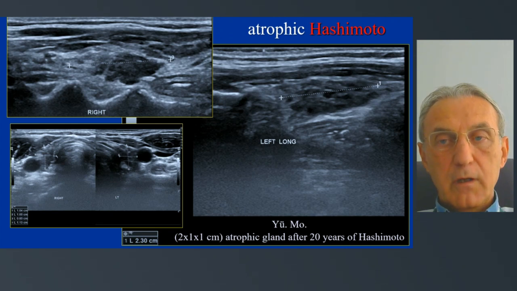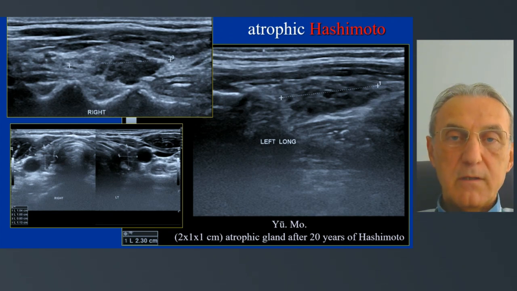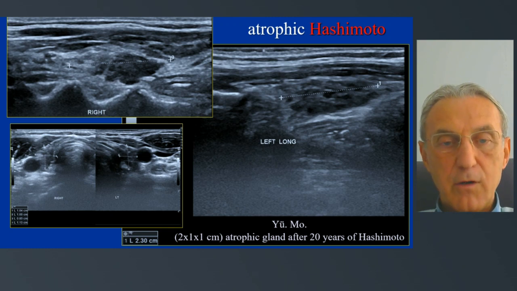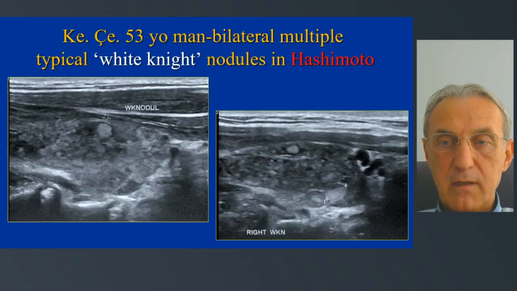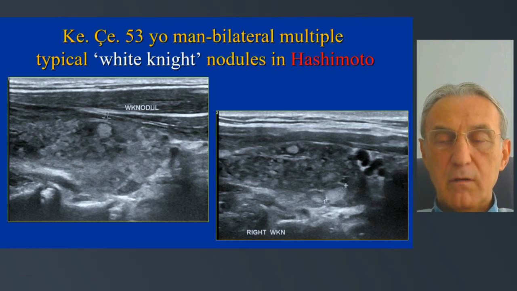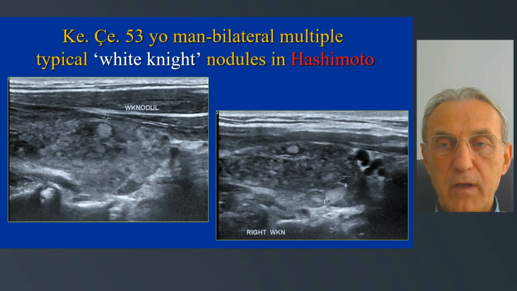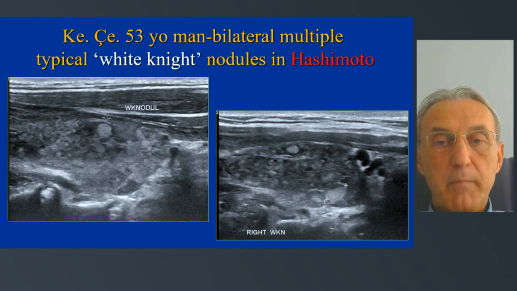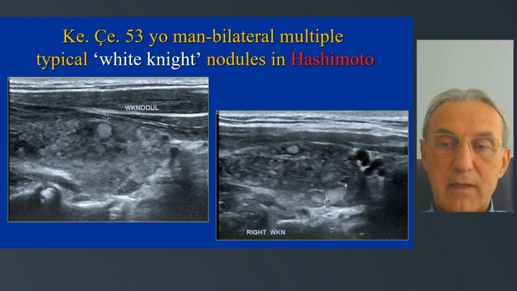Very frequently, we see that within years, Hashimoto disease makes the thyroid gland atrophic. Here is an example. As you see here, the gland is atrophic. And this is another patient, a man of 53 years old, and bilateral multiple typical white knight nodules are seen in the base of the Hashimoto gland.